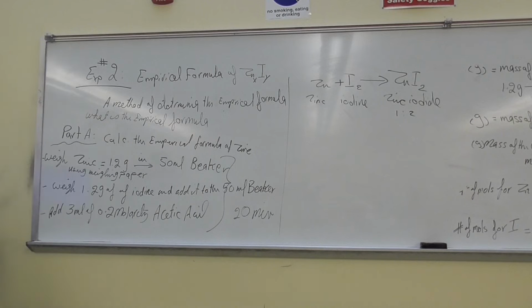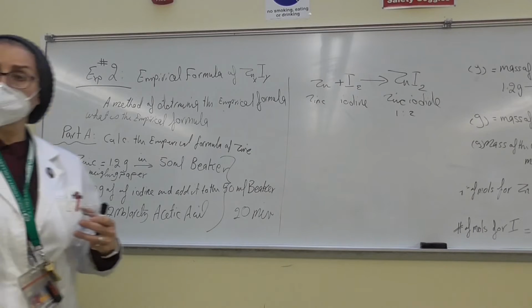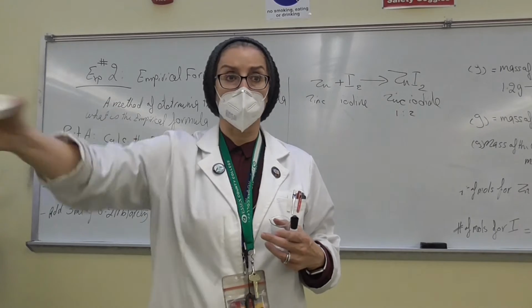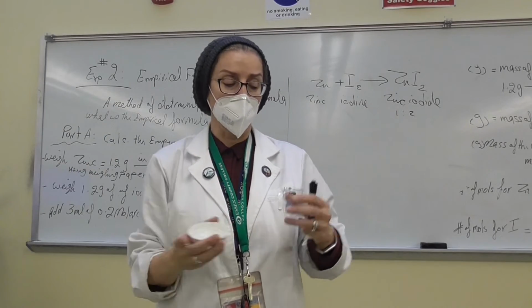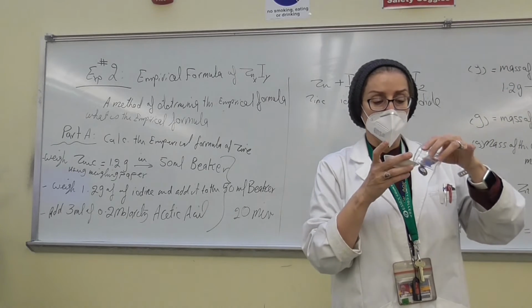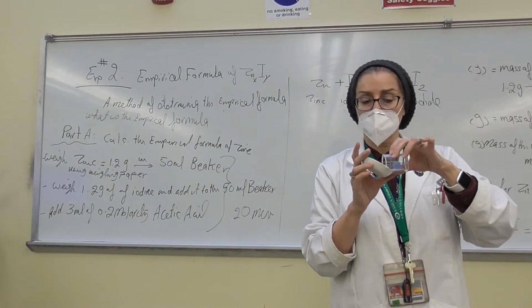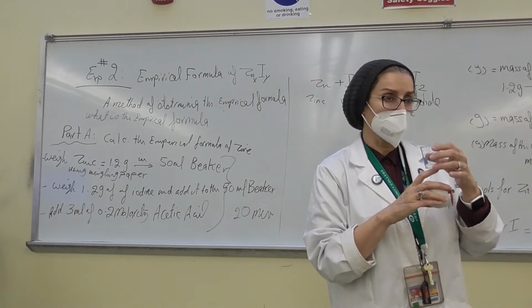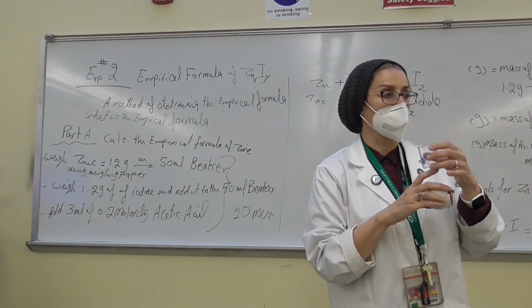You're going to decant it. Decanting means this is the dish, it's called an evaporating dish, that you're going to put on top of the other bigger beaker. And here we have the mixture of the two chemicals. You're going to decant it very slowly, very carefully. You don't want to transfer the solid, because some of it is not going to react.